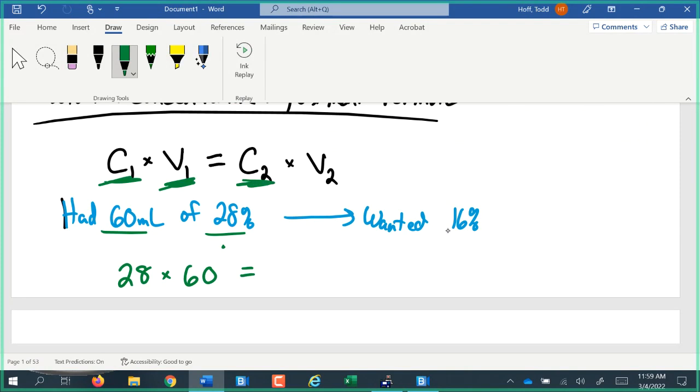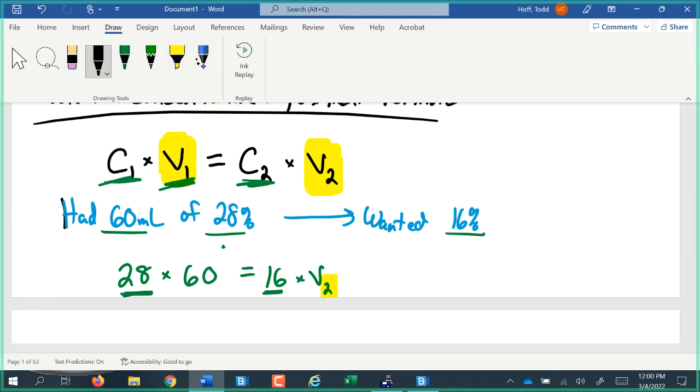The new concentration, we do know that's our 16%. Since I left this as 28, I have to leave this one as 16. I don't have to turn them into decimals, just whatever I do with one, I have to do the same for all the percents in that problem. And what I'm looking for now is my new volume, V2. Now this 2 here does not affect our calculation at all. That's just saying that this volume is a different volume than that V1.